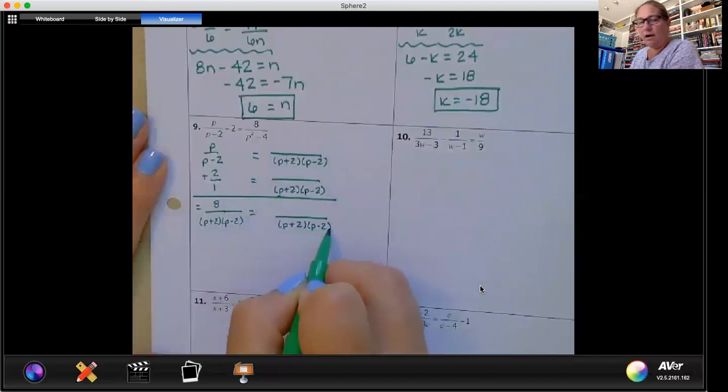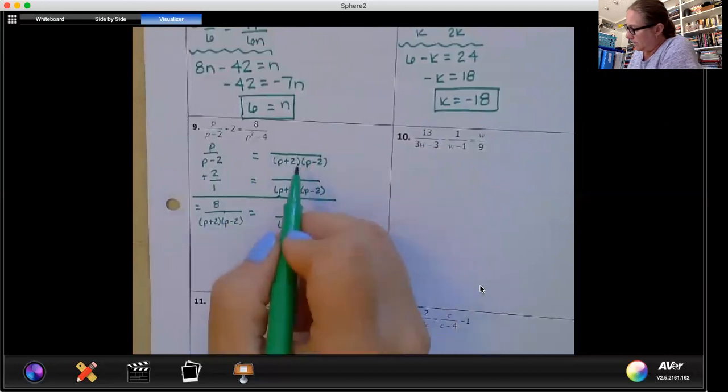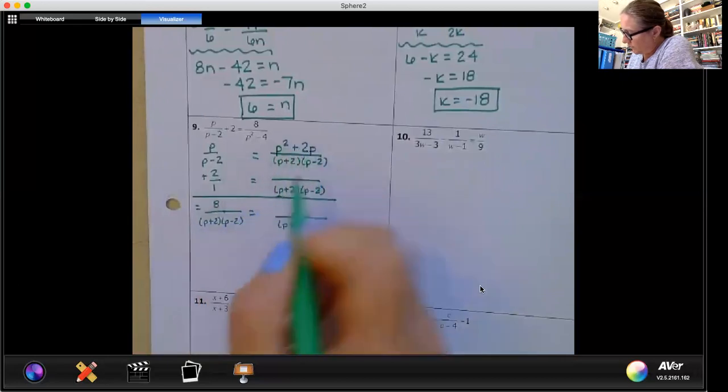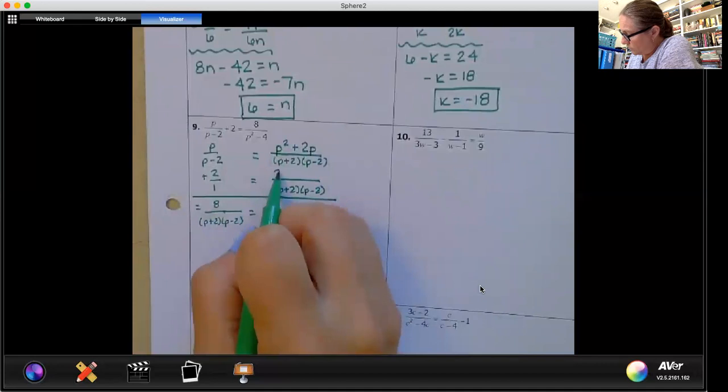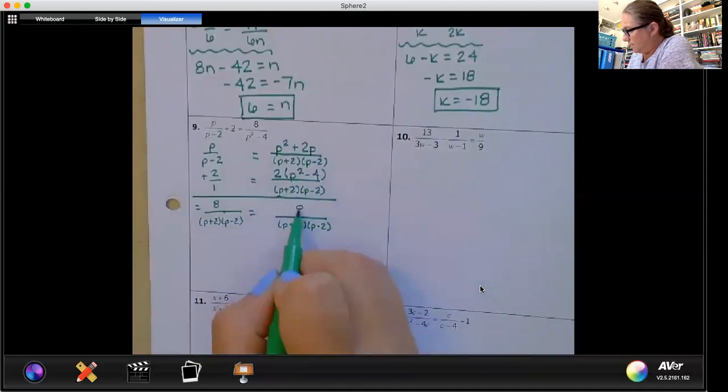Now you just have to figure out how to go from the old to the new, find your new numerators, set up your equation, and solve. So times p plus 2, times all of it. So this is 2 times p squared minus 4. And this one is just times 1.